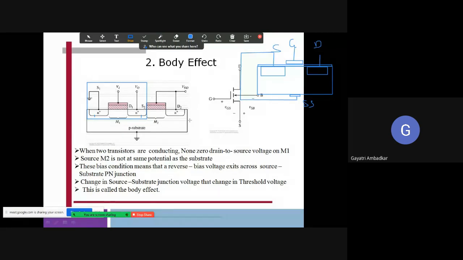When the second MOSFET is fabricated, this portion is common for the next. I draw it in a different color. For the second MOSFET, the drain of the first MOSFET acts as the source of the second. So multiple MOSFETs are connected in series.